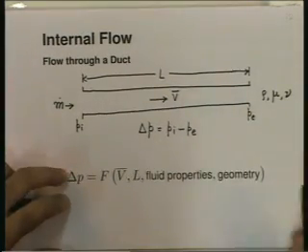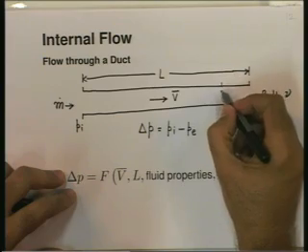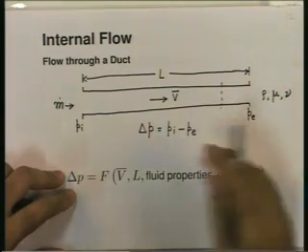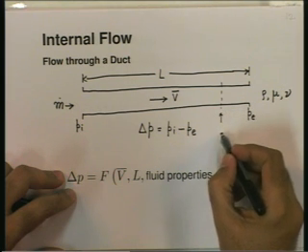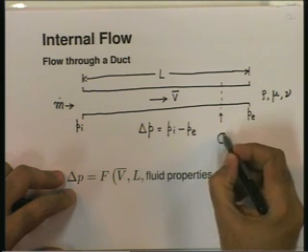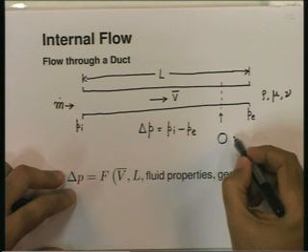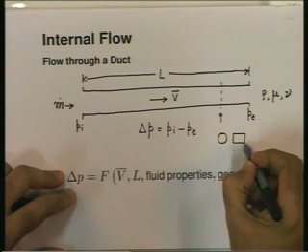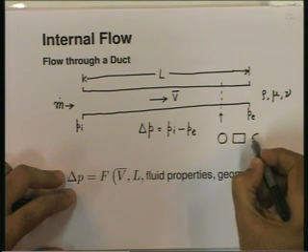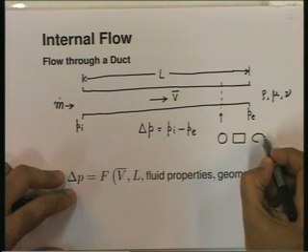The duct may have some cross section. The cross section may be uniform, but it could be circular, a very common case. It could be square or rectangular. It could even be some odd shape like an oval.